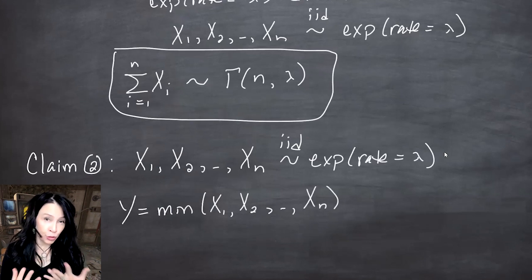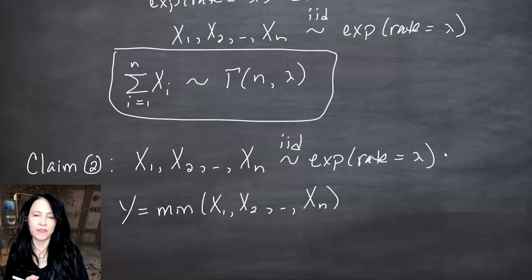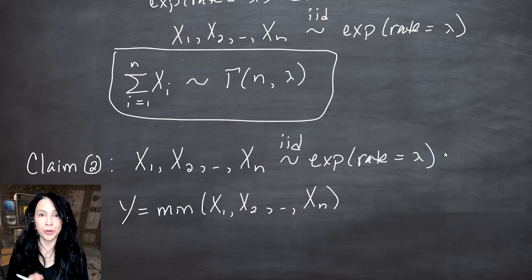They're random until you observe those n random variables, and so is y. You don't know what the minimum is going to be. And to see that y has its own distribution, simulation is great for explaining what's going on here.